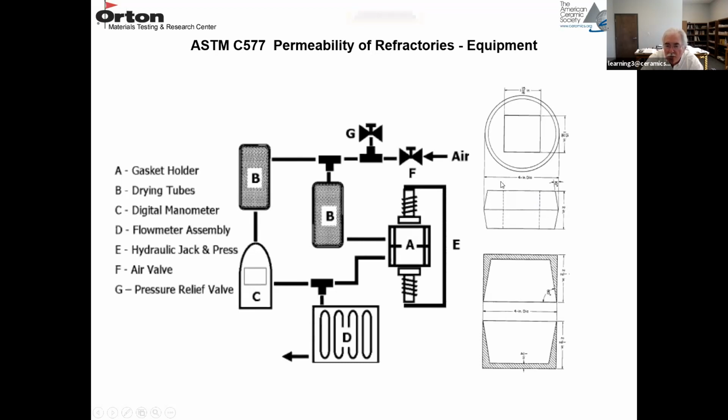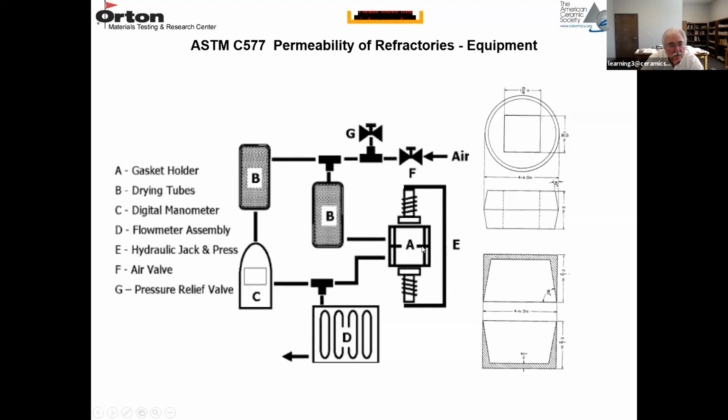Each one of these fits over this. This one would fit over the top, and this one would fit over the bottom. You apply a pressure to these, it squeezes the gasket and makes a tight seal between the gasket and the refractory sample. E is some type of hydraulic or screw-driven press to compress these metal plates into this gasket to make the seal. So there's your sample.